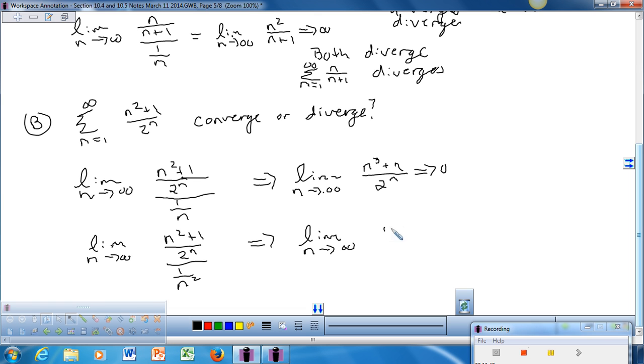And here we get n to the 4th plus n squared over 2 to the n. What will that one go to? Also 0. So now the limit goes to 0 and my b sub n converges, so they both converge.